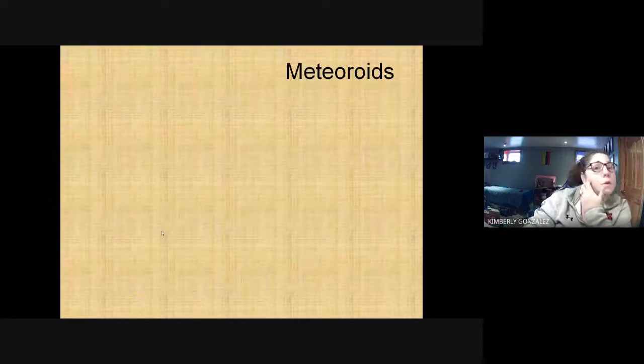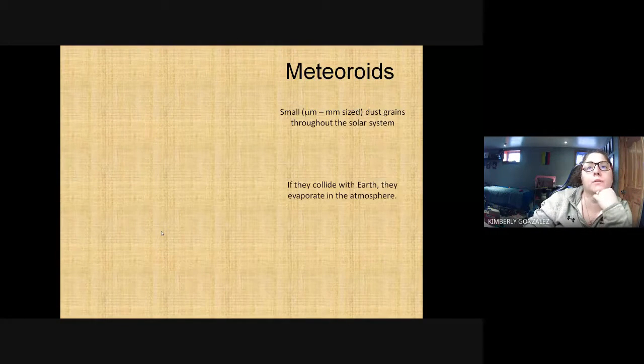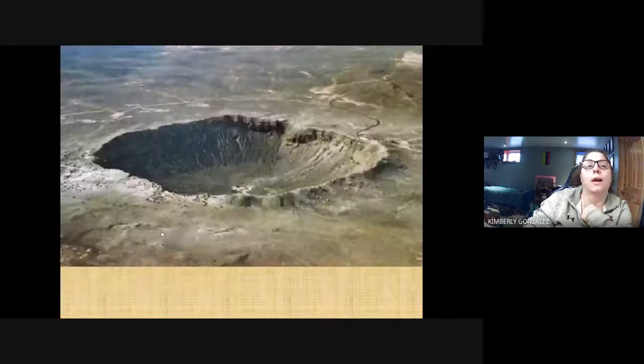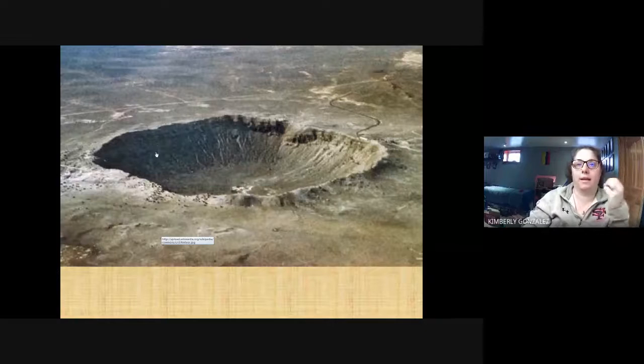Okay? So, we have these things known as meteors, meteoroids, and meteorites. This would be a meteor that hit the Earth. This is the impact.